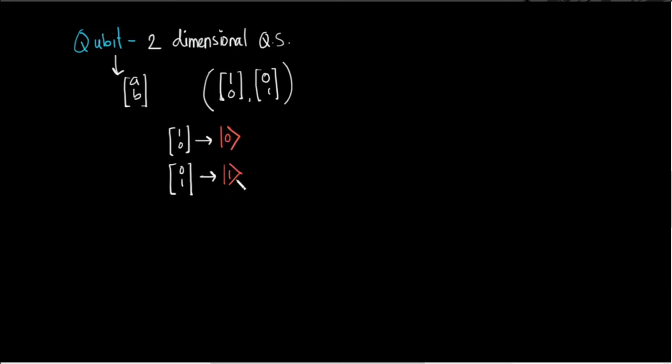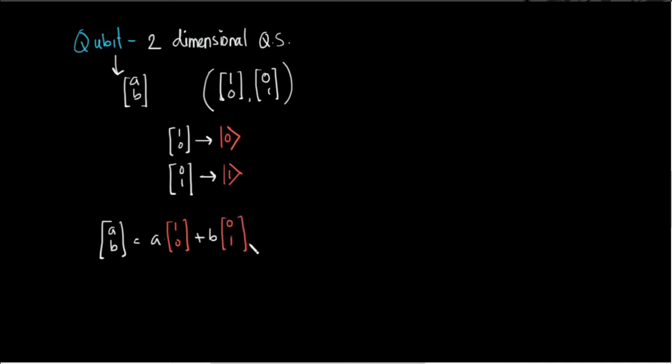Using this notation, how can we express the vector AB? We can write the vector AB as A times 1 0 plus B times 0 1.